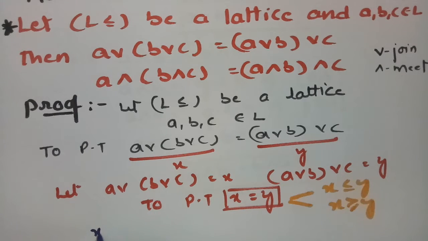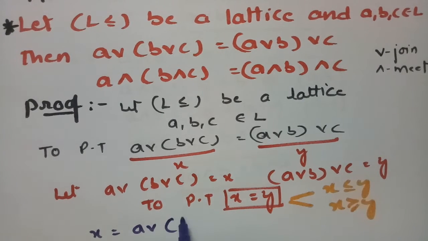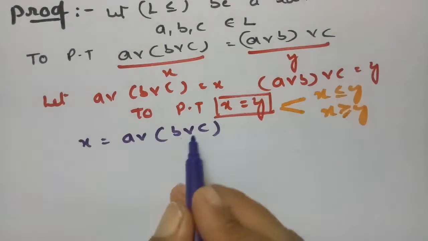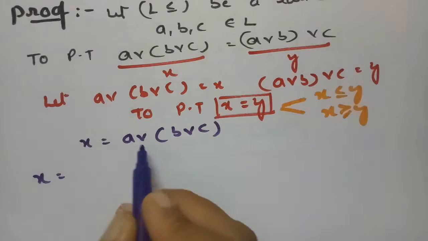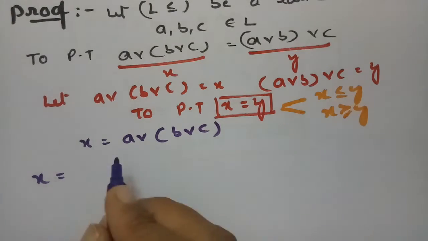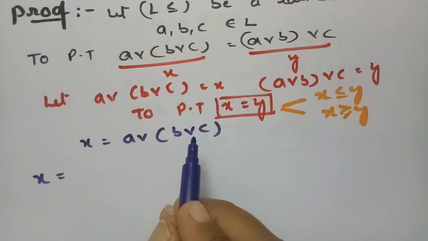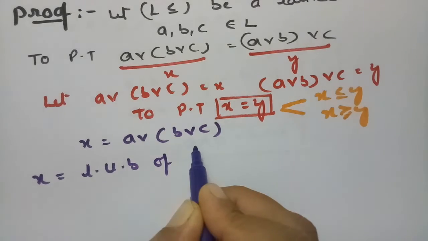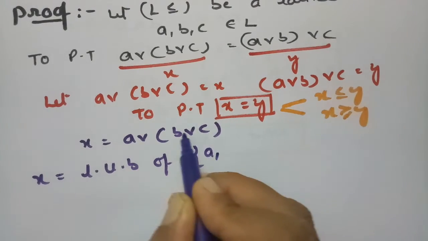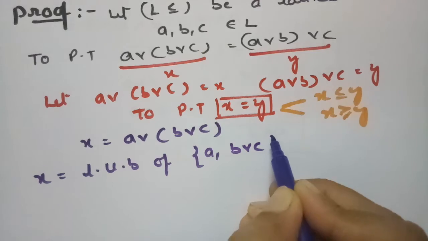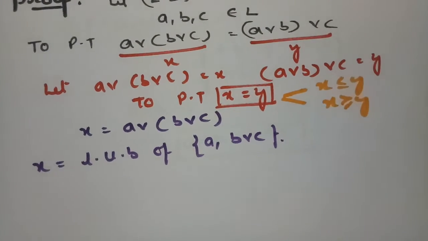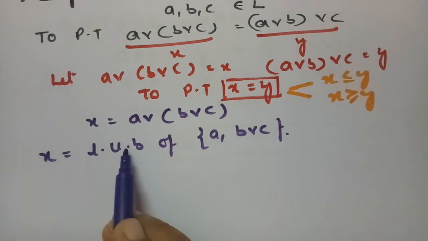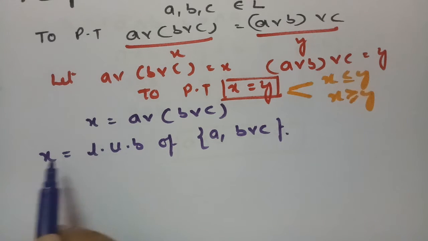Now what is given here? It is given that X is equal to A join (B join C). And what does it mean? This is nothing but the least upper bound of the set A comma B join C. Out of all the upper bounds, the least value is the supremum.